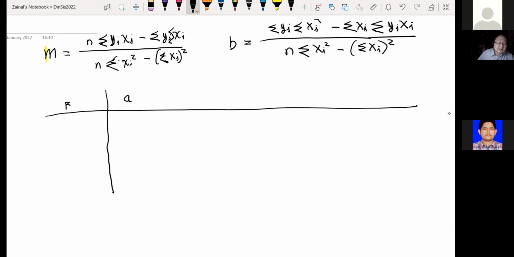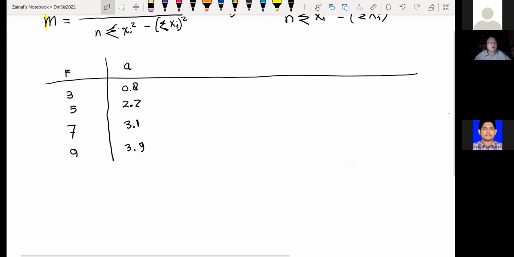This one is, say, 3 Newton, 5. And this one is 7. This one is 9. This one is 0.8. This one is 2.2. This one is 3.1. And this one 3.9. 3.1. And this one is 3.5.